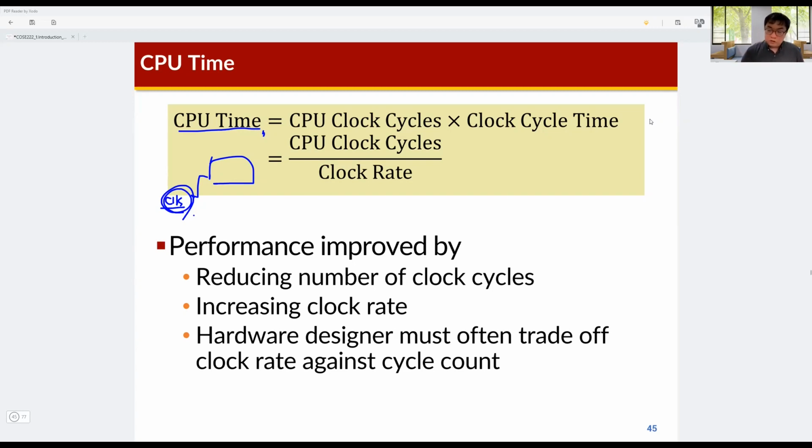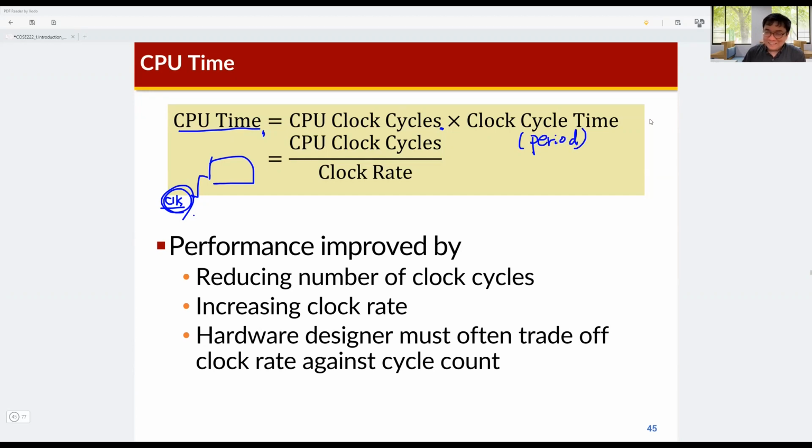We can count the number of clocks during execution of software. So CPU time is simply number of CPU clocks multiplied by clock cycle time, and that means the clock period.